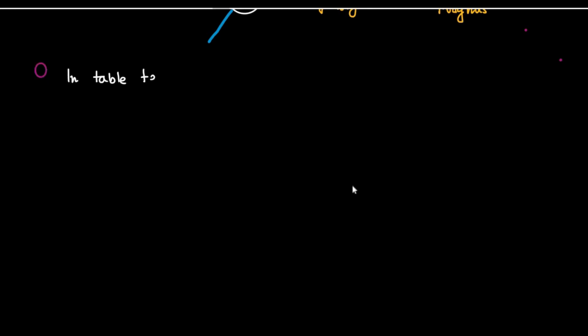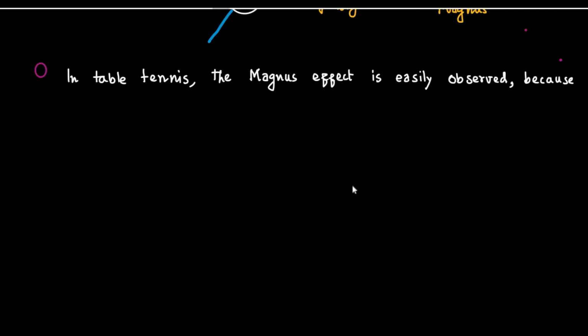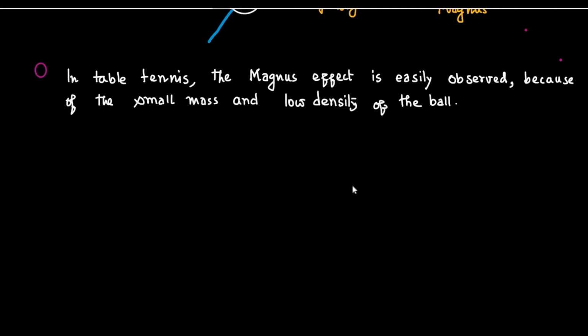We can mention another application of this effect in table tennis. In table tennis, the Magnus effect is easily observed because of the small mass and low density of the ball.